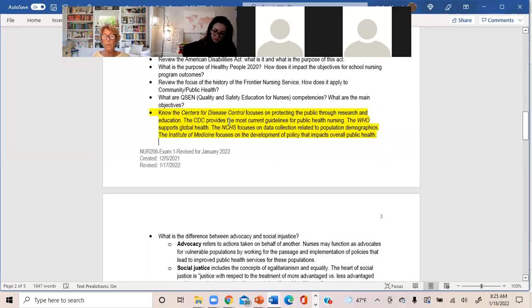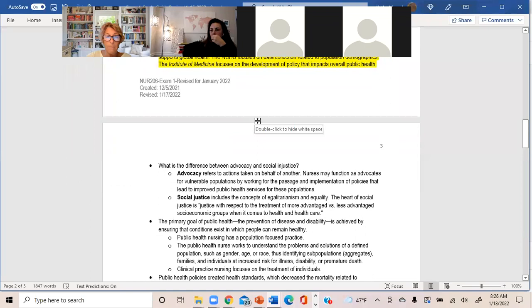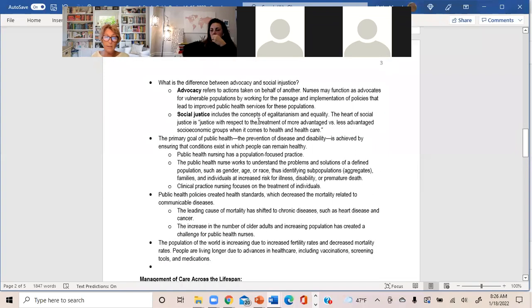So what question might you get asked? You might get asked, here's your scenario. Which agency would be dealing with it? Would that be the CDC? Would that be the WHO? Would that be the Institute of Medicine? So you need to probably put on a card, if you want, just a quick definition of each of those. This is important.